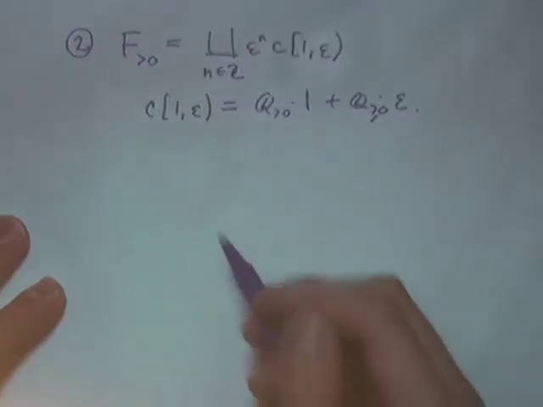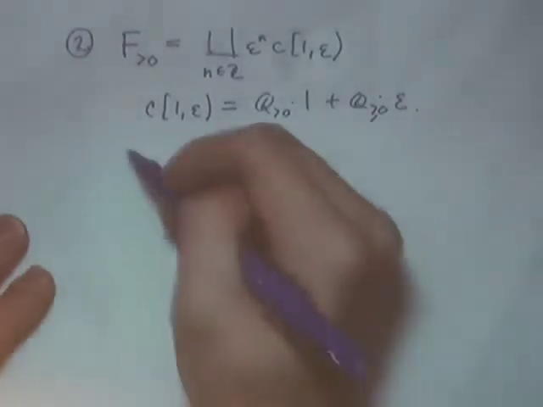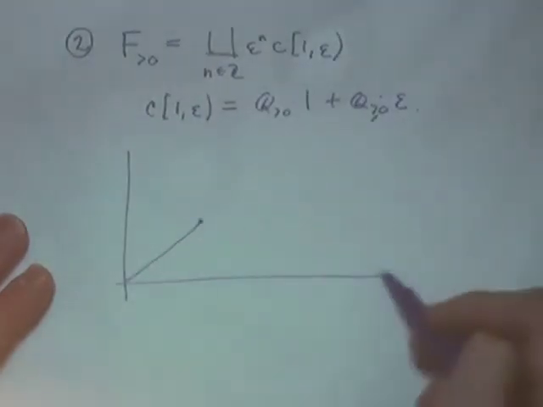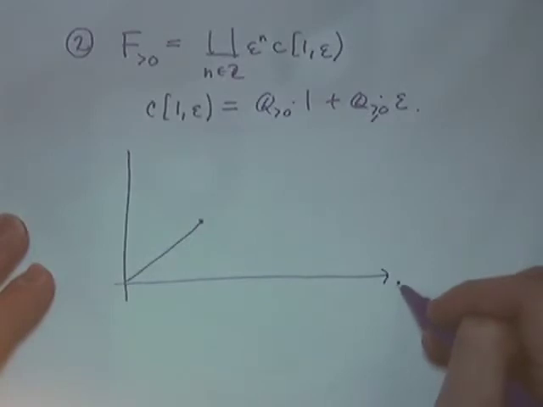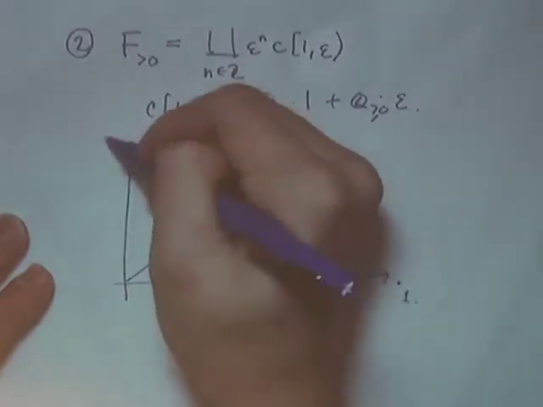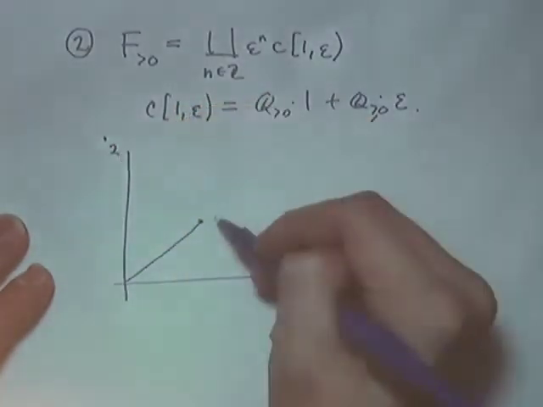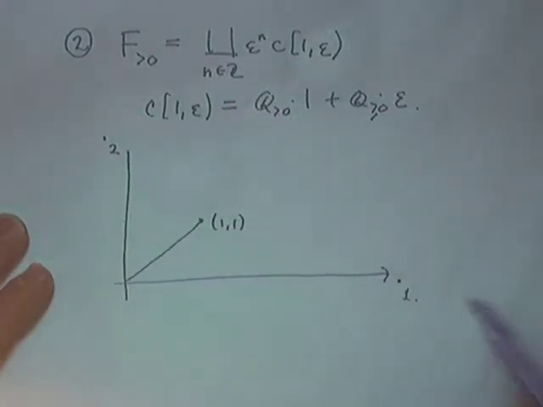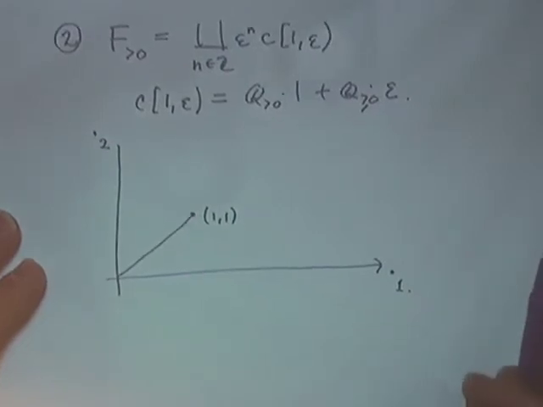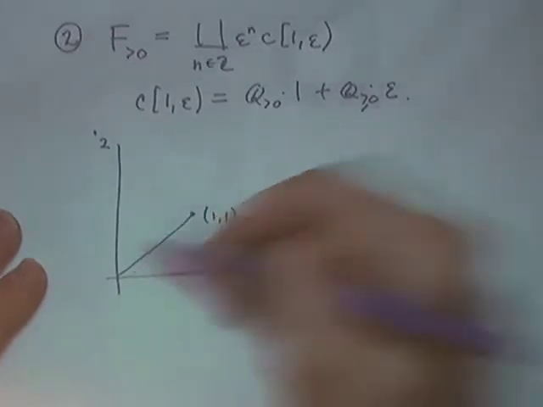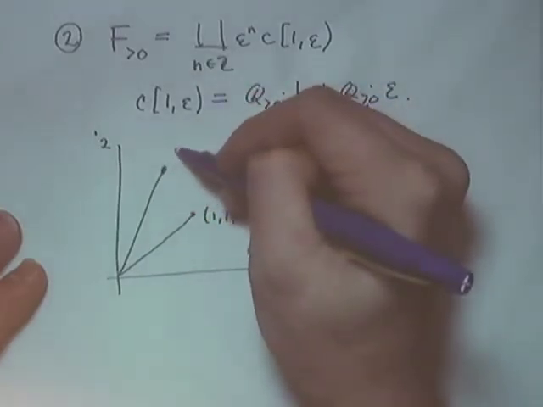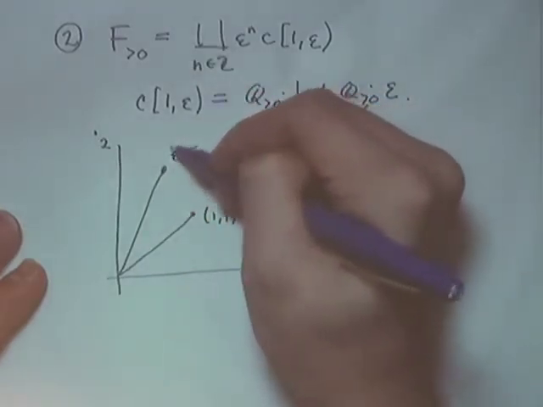And we can draw this set C(1, epsilon). If I let this axis be the first embedding of F, and this axis represent the second embedding of F, well, 1 maps to the point (1, 1), and I assume that my first embedding sends epsilon to a real number between 0 and 1, so epsilon, or (epsilon_1, epsilon_2), I should say, lies somewhere there.